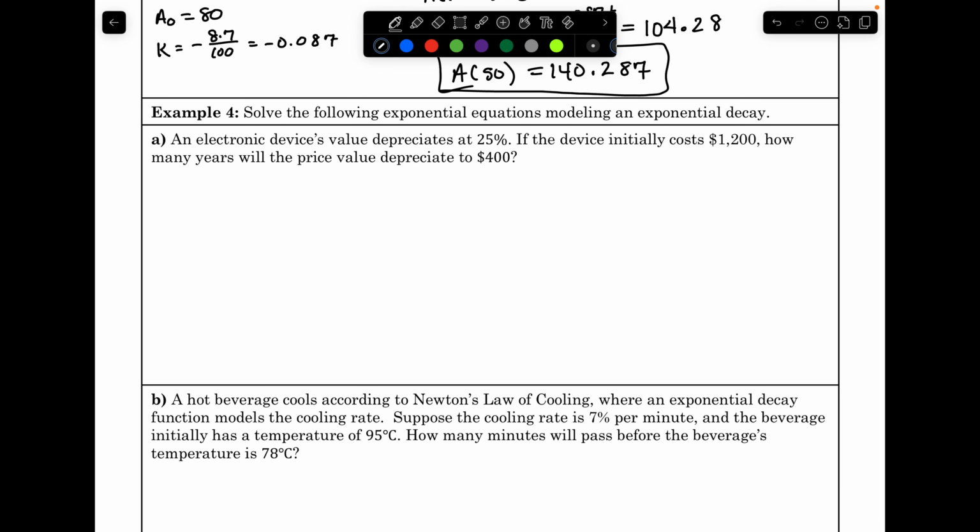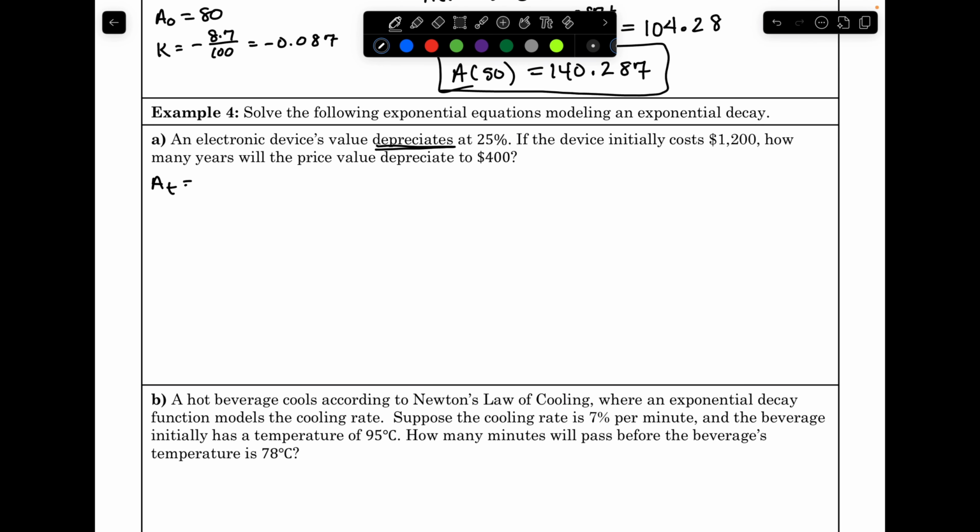Let's now do 2 examples where we solve an equation with a negative value of k. An electronic device depreciates, meaning it's going to decrease at 25%. If the initial cost is $1,200, how many years will it take for the value to depreciate to 400?